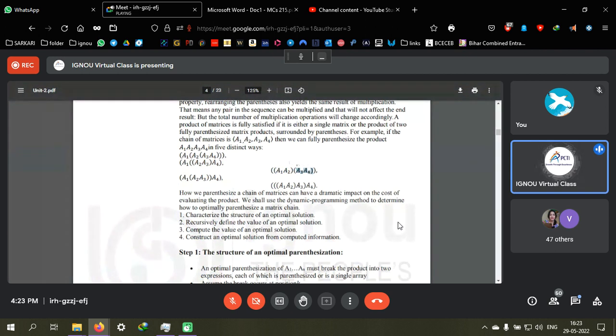I can also do A1 multiplied by A2, then multiply with A3 and then with A4. So we have so many approaches. That's why this is known as a chain of matrices. Whenever we are multiplying, it always has an impact on the cost of evaluating the product.